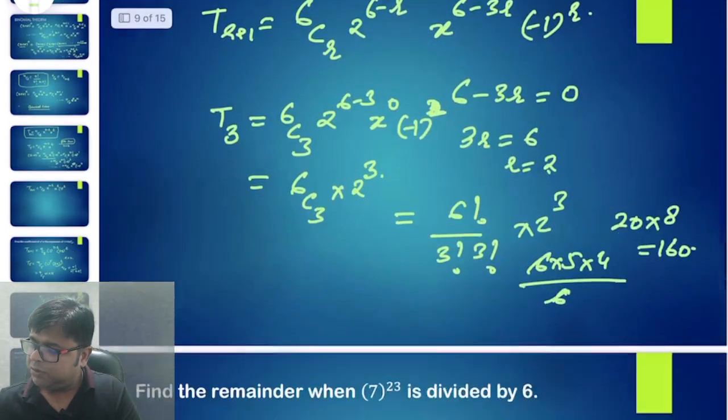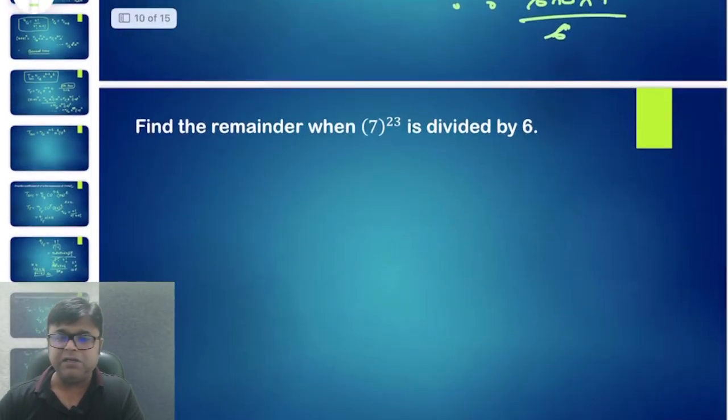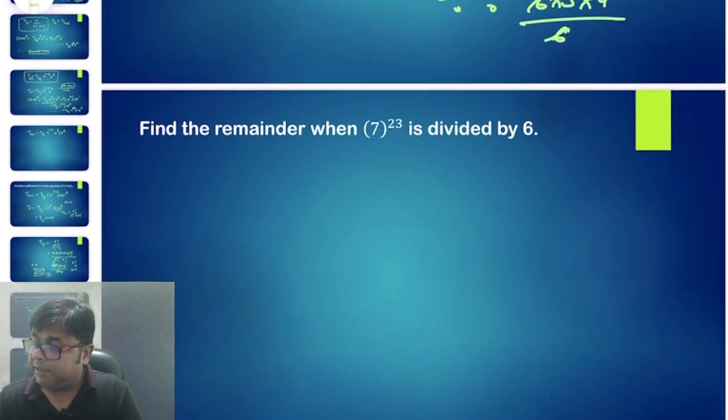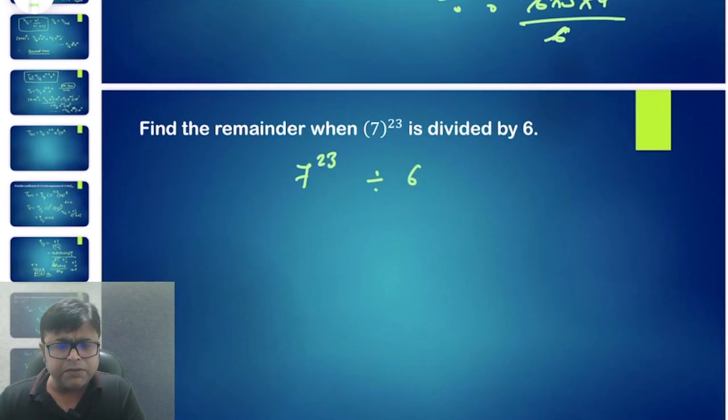Okay. Let's do some different type of questions using binomial. This is number based, like 7 to the power 23 when divided by 6, what is the remainder? Now, this seems very complicated. How can I find 7 to the power 23?